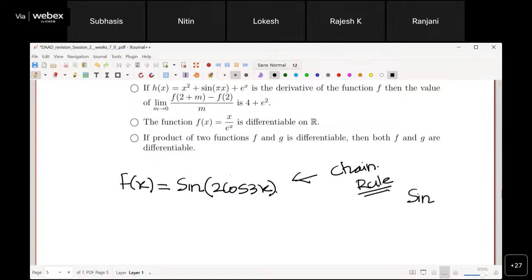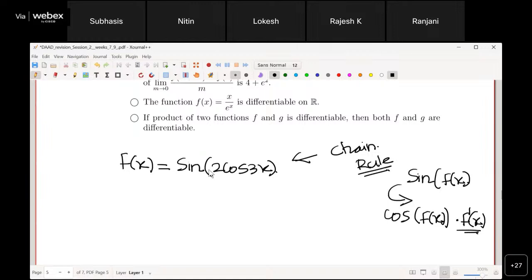So in this case, you have sine of some f of x. First you differentiate the sine, so you get cos of f of x, times the derivative of f of x. Once you take the derivative of the sine, you get cos of 2 cos 3x.